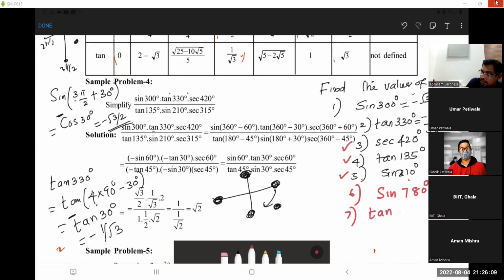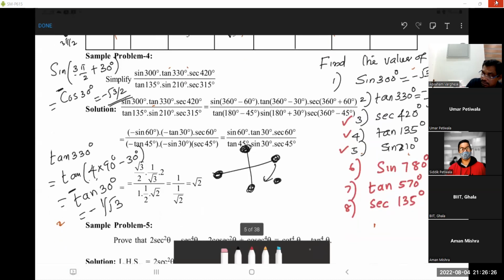Tan 570 degree. Question number 8. Sec 135 degree. Question number 9. Cos 150 degree. Question number 10. Sine 390 degree.